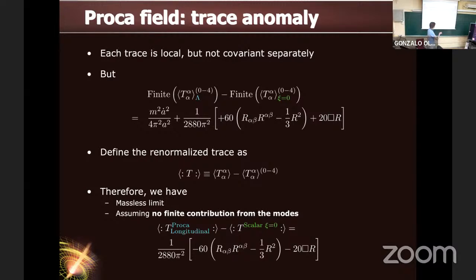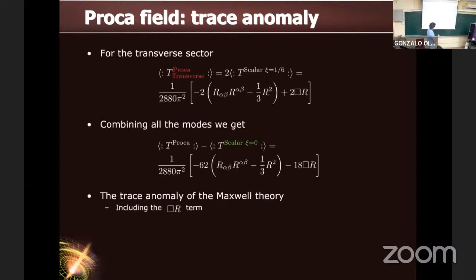But we also studied the Proca vector field in de Sitter completely to see if there are contributions from the modes, and we couldn't find any. So we suppose that this holds in general. So the transverse degrees of freedom behave as two conformal scalars, and once we put everything together, we get this expression for the trace. But this part is exactly the trace anomaly of the Maxwell field.